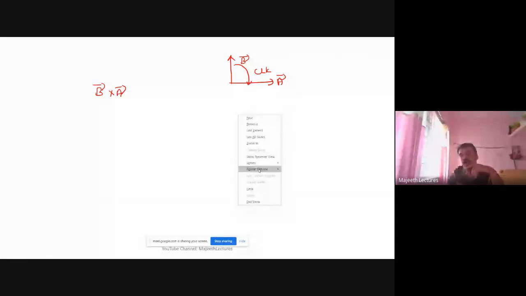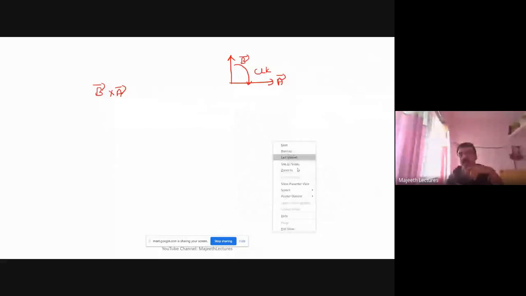Whenever you rotate any object in the clockwise direction, it will go inside. Here you see, I have a water bottle. I rotate it in the clockwise direction. If I rotate it, going inside will be represented with the cross.